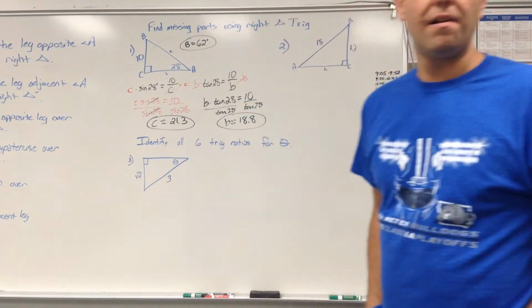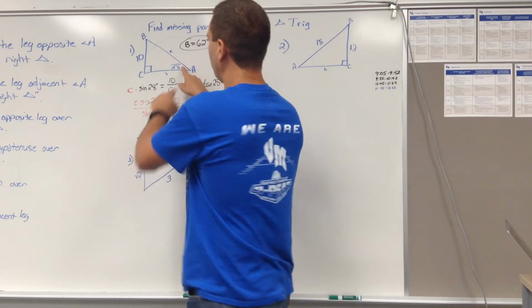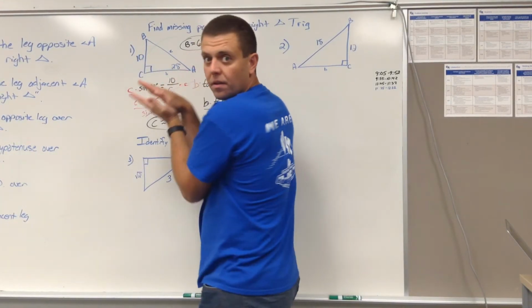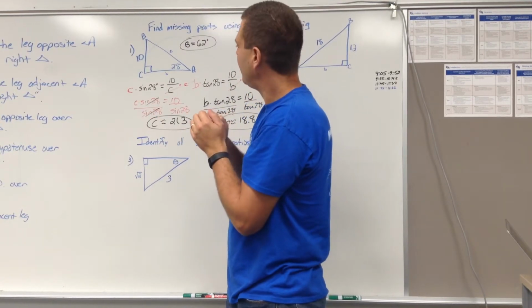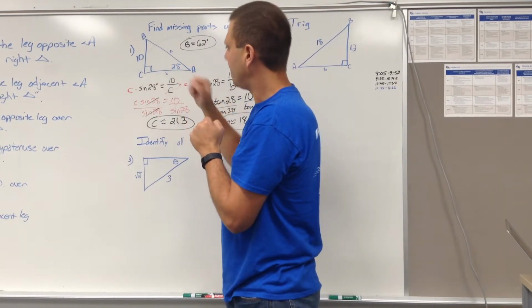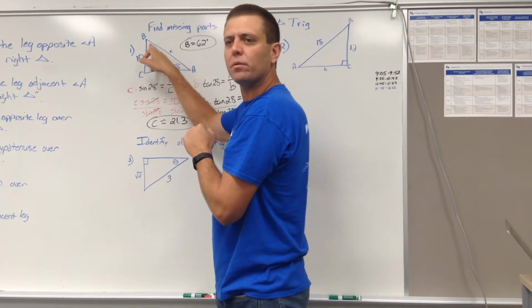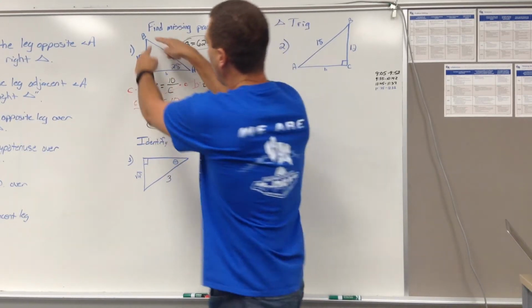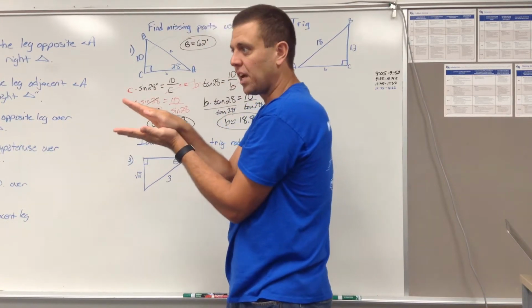Because angle B is bigger than angle A, so it would make the side longer. Very good. This angle up here was 62, right? A 62-degree angle is going to open up to a longer side than a small 28-degree angle.